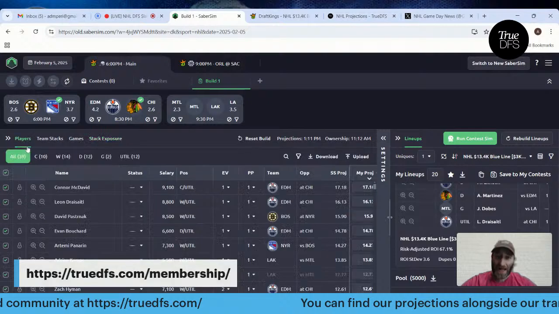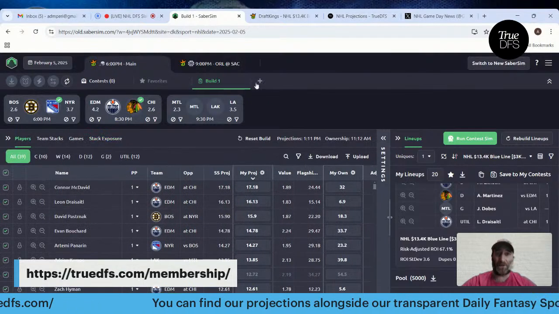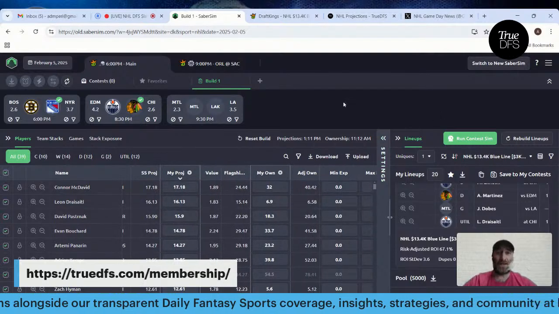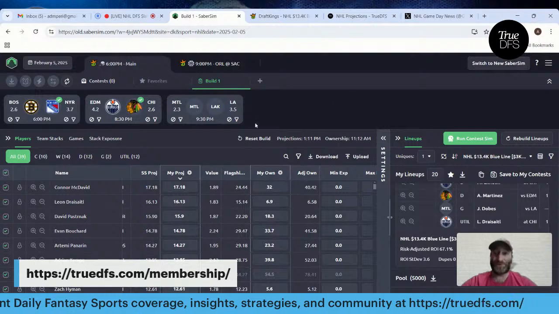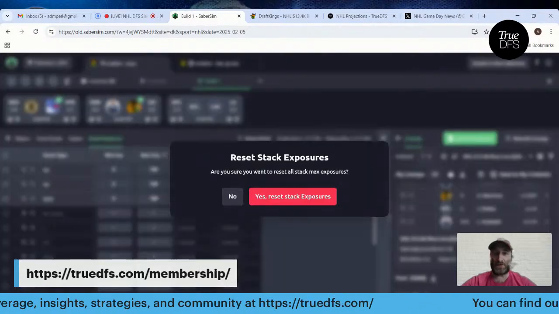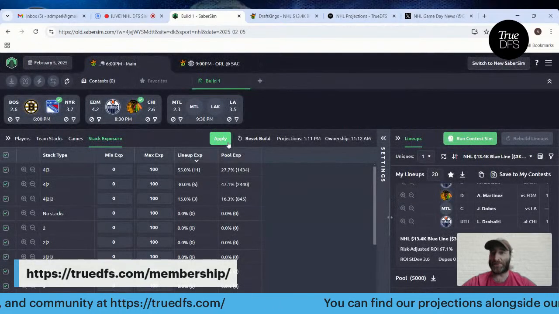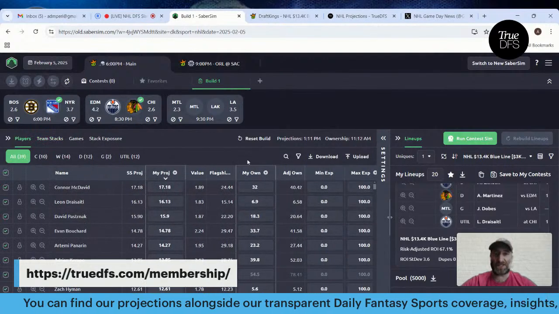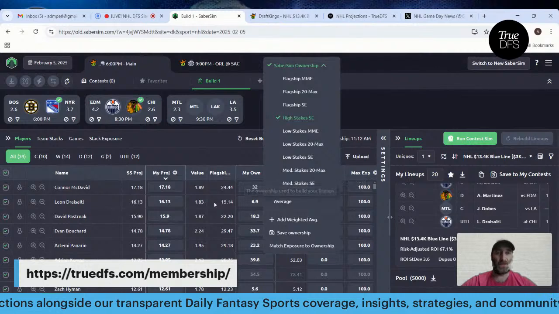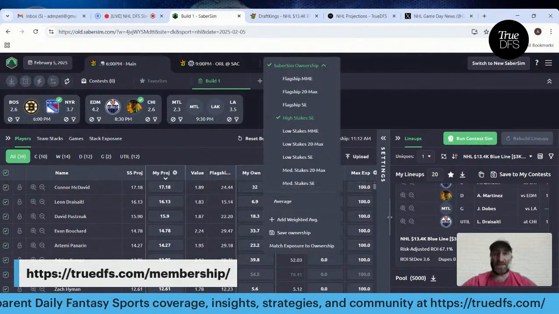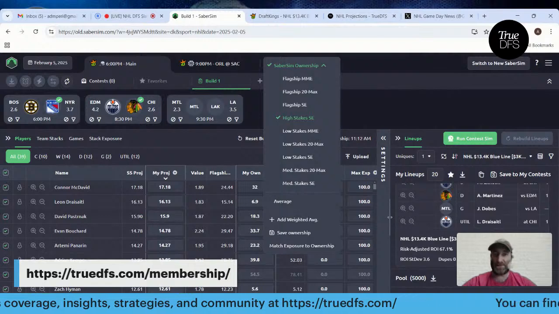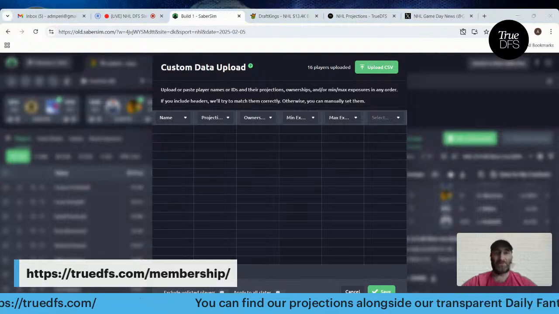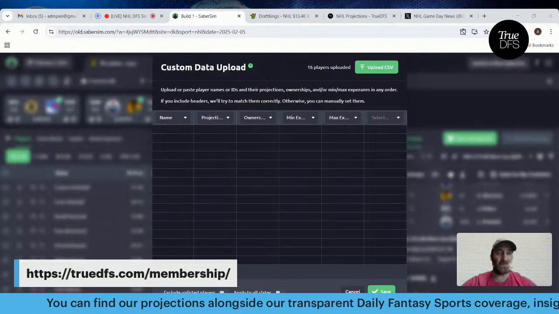Now, I am going to go out on a limb and say if we upload Sheets' stuff, we're going to get really different lineups and some really interesting ROIs. But let's see. So let's take off all our requirements. And I'm just going to upload Sheets' projections. I'm not going to upload the ownership because Sheets' ownership is going to be optimized to get you the best ownership for the flagship, that $20, 2,000 person contest.